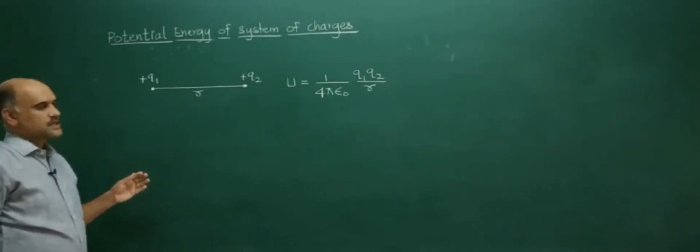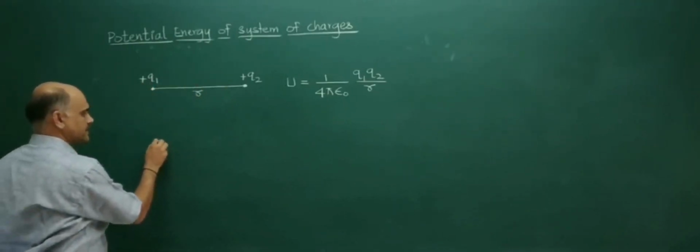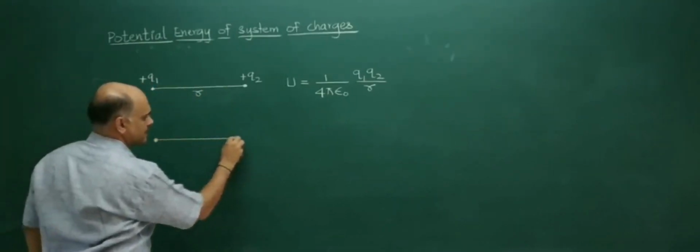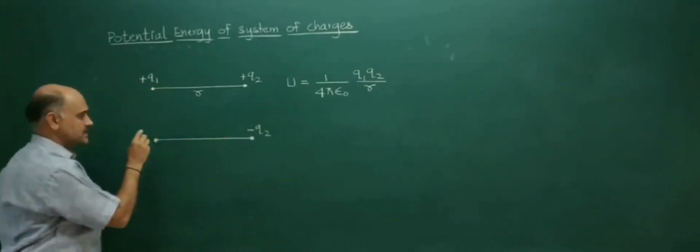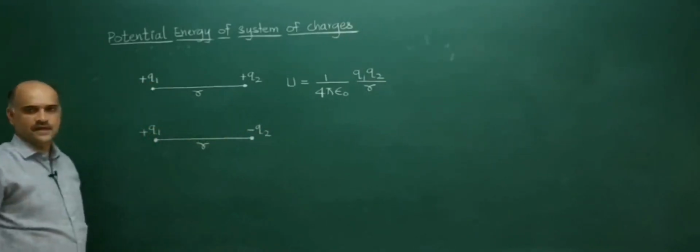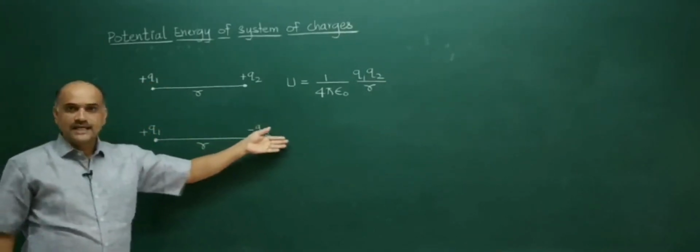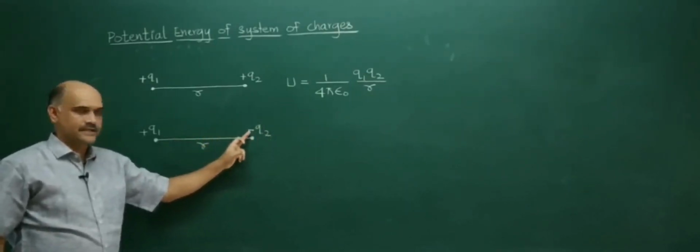Now suppose if either of the charges is negative, suppose I take q2 as minus q2 and q1 as plus q1, with distance r. While writing the formula you are required to consider the negative charge.